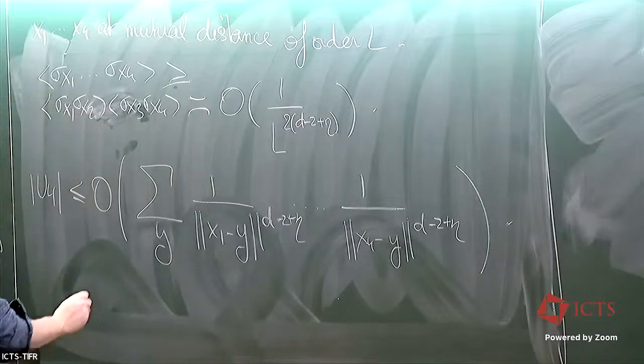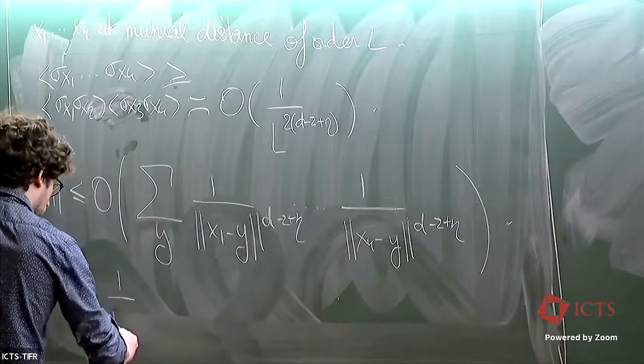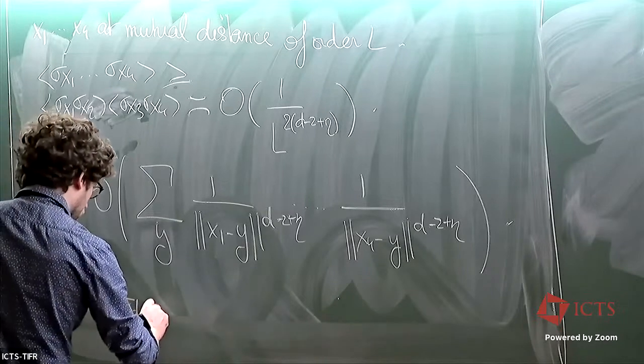And if you sum over every y, you immediately get 1 over L to the 2d minus 2 plus theta.